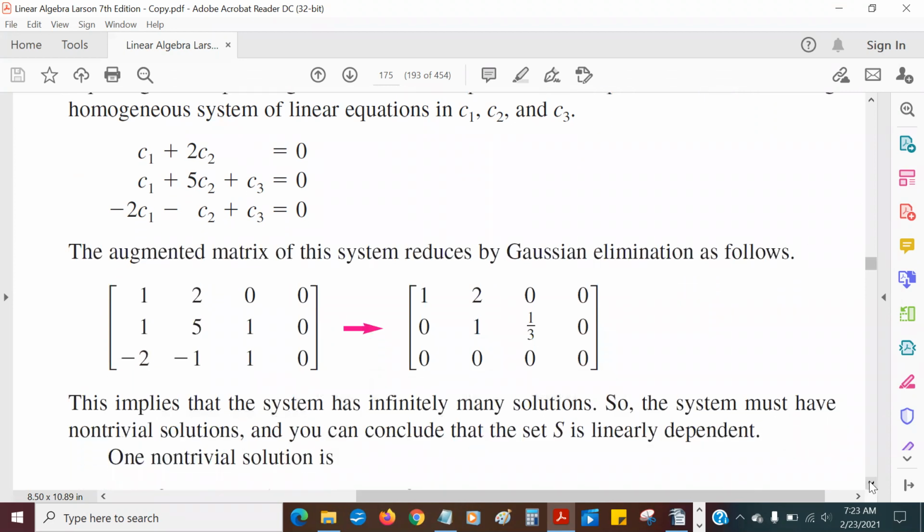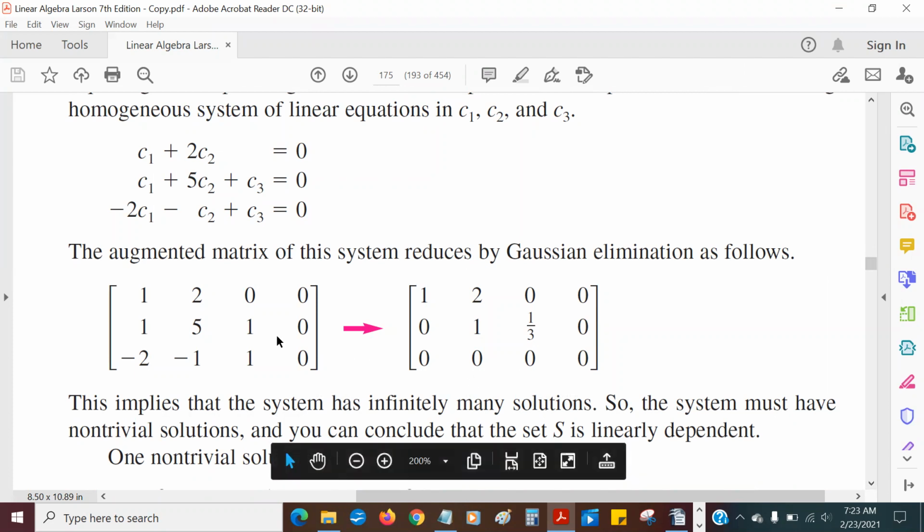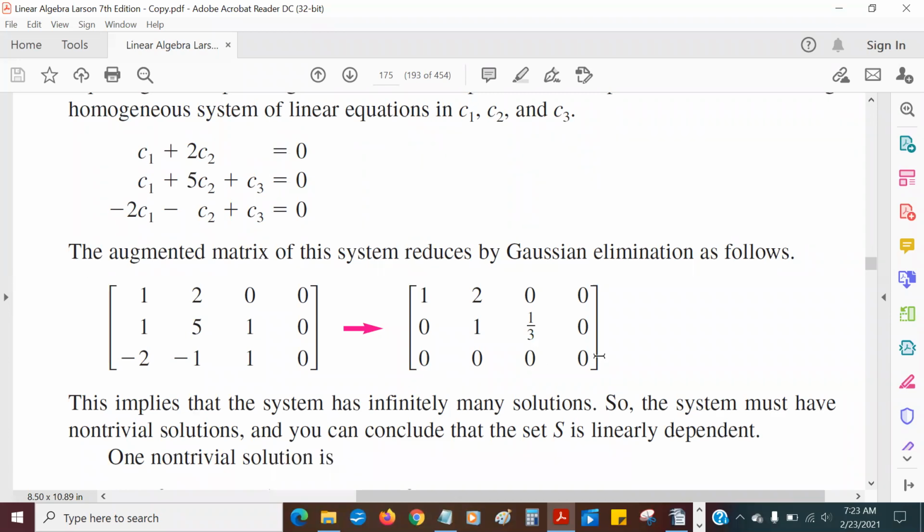Now, when we get the augmented matrix, if you notice, we wind up with a row of zeros. A row of zeros means that this has a 0 determinant, obviously. Now, when I say determinant, how can I possibly have the determinant of a non-square matrix?